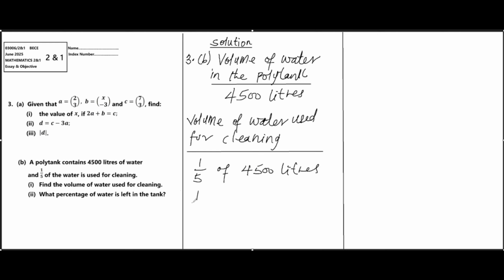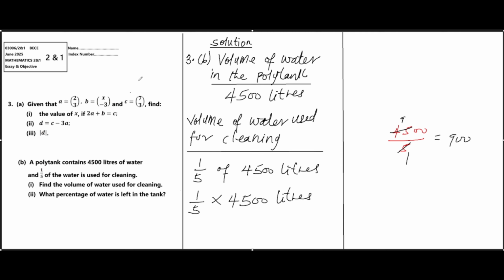So this translates to 1 out of 5 by 4,500 liters. So let's work out. 1 out of 5 by 4,500 is the same as 4,500 divided by 5. So 5 goes into 45, that is 9. So this will give us 900 liters.